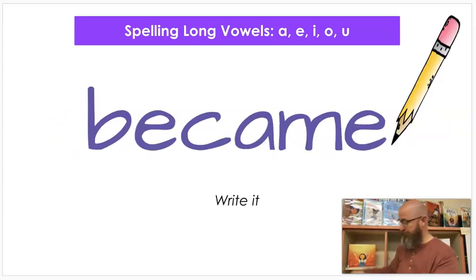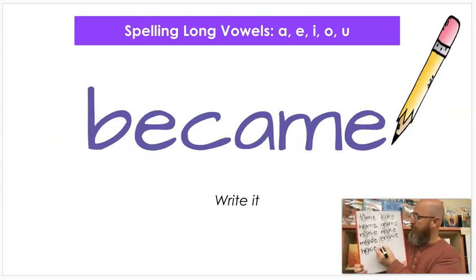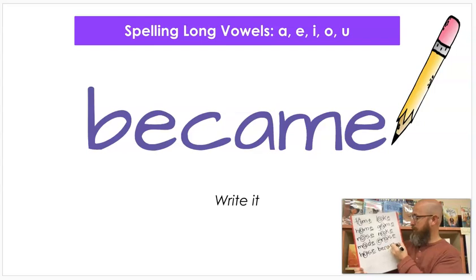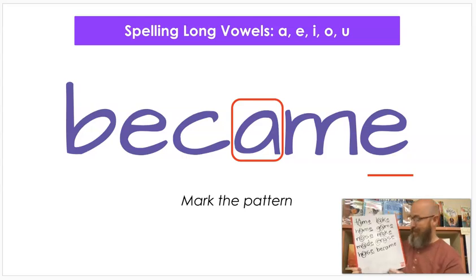Write it. B, E, C, A, M, E. What are we going to circle? That long A and underline the bossy E. And you're right. That E does make its name too.